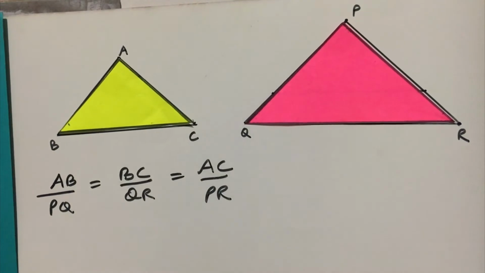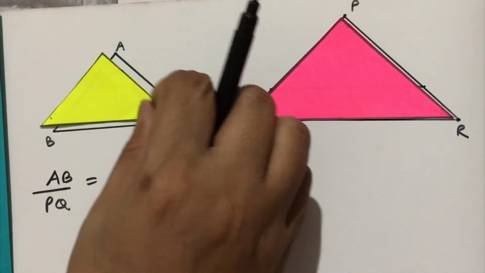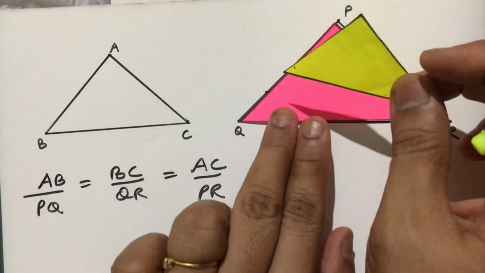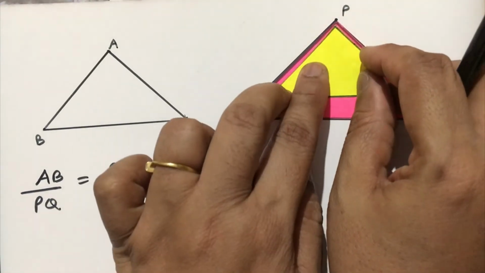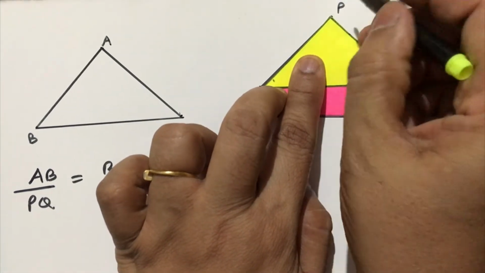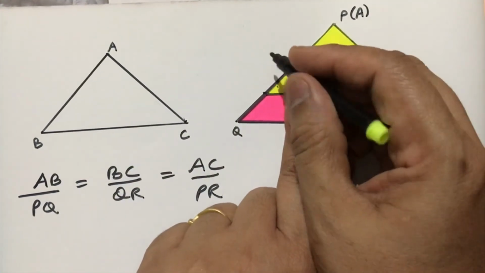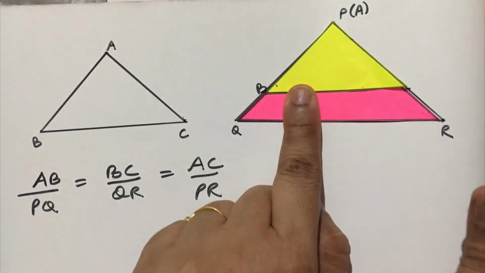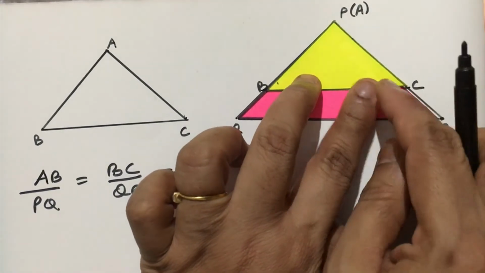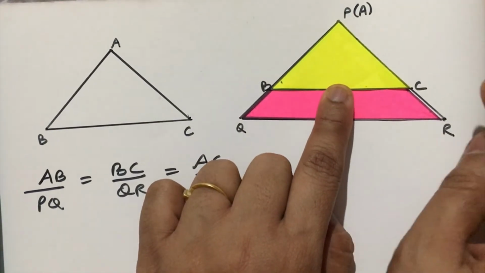Take the cutout triangles and place this triangle ABC on this triangle PQR such that A falls on vertex P, and side AB falls on side PQ, and AC of triangle ABC falls on PR. In that manner, you place this small cutout triangle ABC on triangle PQR.